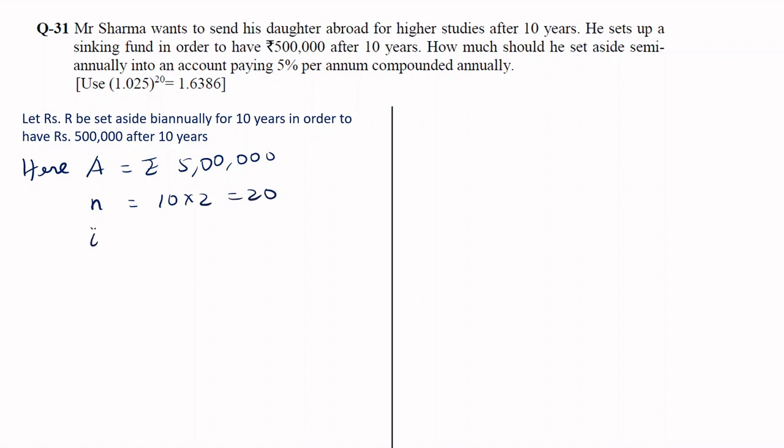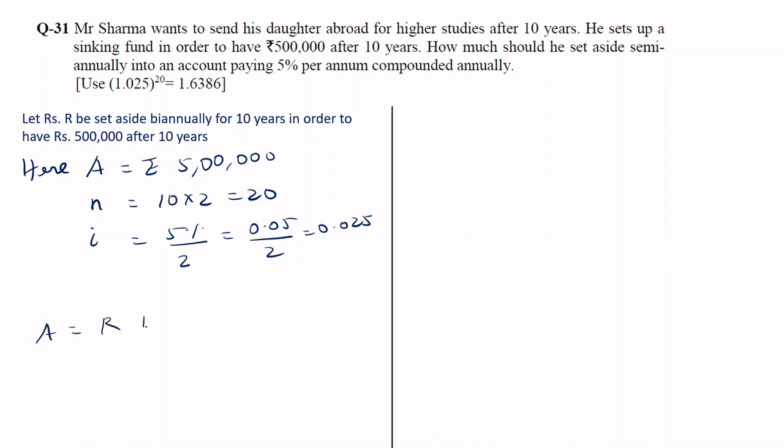And then the rate per period I, it is given by 5%, and since it is set aside semi-annually, here we have I as 5% by 2. It is 0.05 by 2, which is 0.025. So this is I.